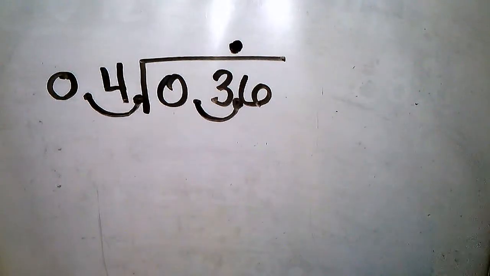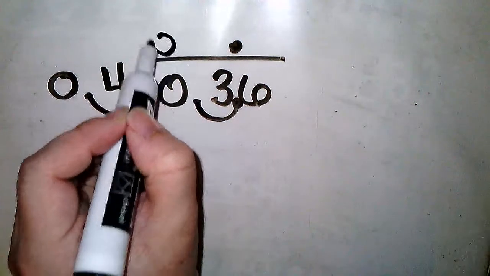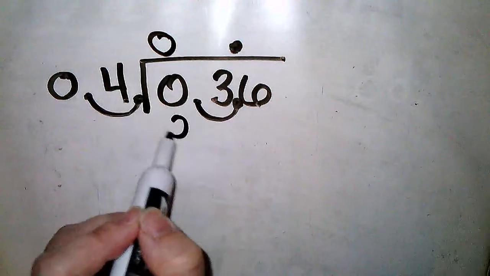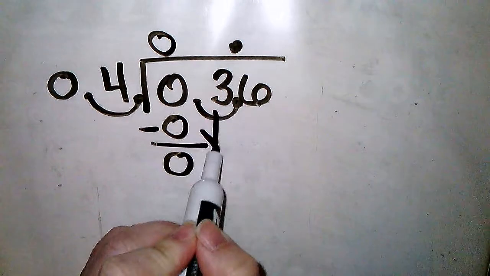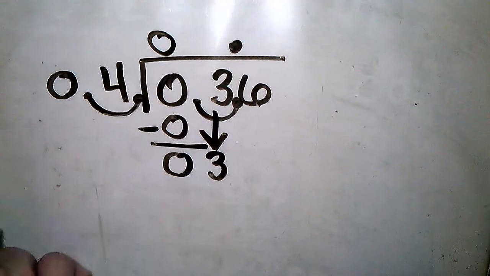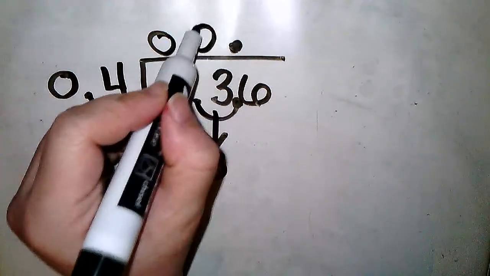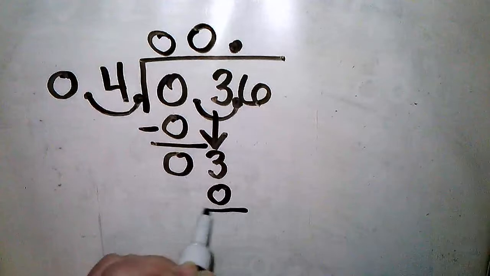Okay, now I'm done moving my decimal. I don't have to move it anymore. And I can just do this division problem. Okay, well, is 4 going to go into 0? It is not. 0 times 4 is 0. Bring down my 3. Will 4 go into 3? It cannot. It's too big. So it'll go 0 times. 0 times 4 is 0.